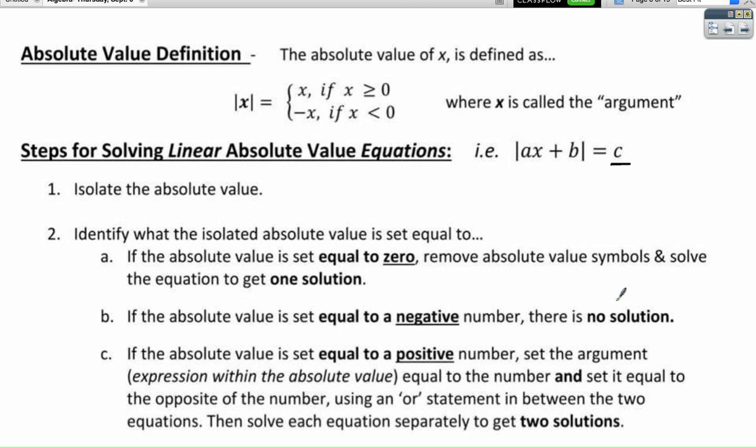And if it is set equal to a positive number, that's when we need to set the argument, also known as the expression within the absolute value, equal to the number, and then also set it equal to the opposite, basically the negative of that number, using an or statement in between to give the 2 equations. Okay, so then we'll get 2 separate solutions.